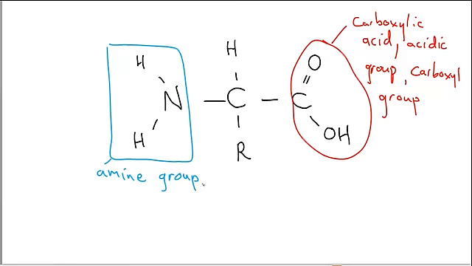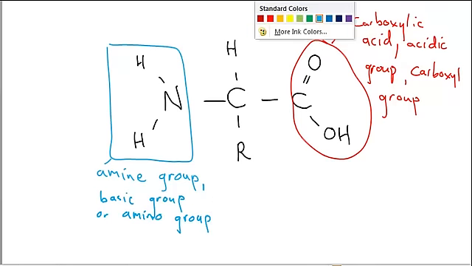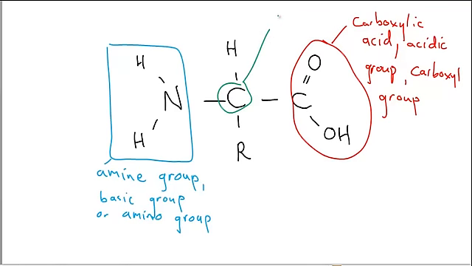The amine group is also sometimes called the basic group, or amino group. Up at the top, they all have that hydrogen. All of these groups are coming off of this central carbon. Very obvious why it's named the central carbon.